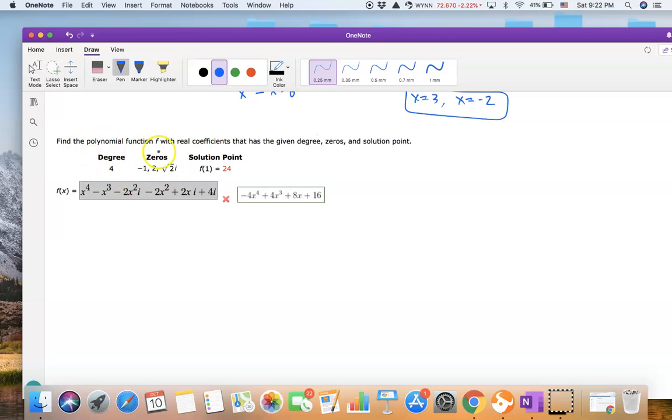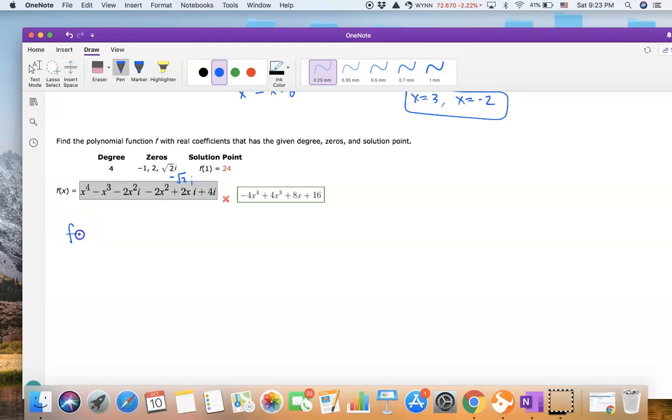Okay, number 4. Again, the degree is 4, so we should have 4 zeros. One is negative 1, the second one is positive 2, and because we have the square root of 2 i, the fourth zero is going to be negative square root of 2 i, because complex zeros always come in pairs.